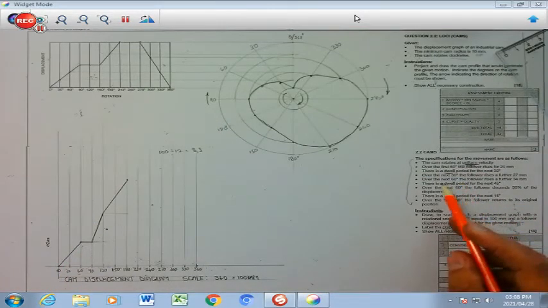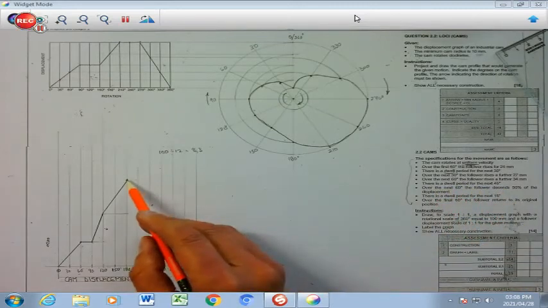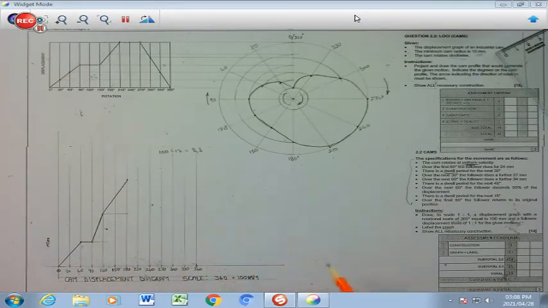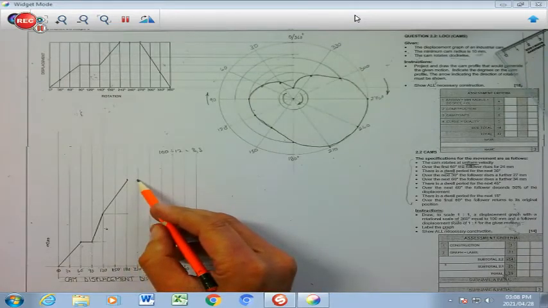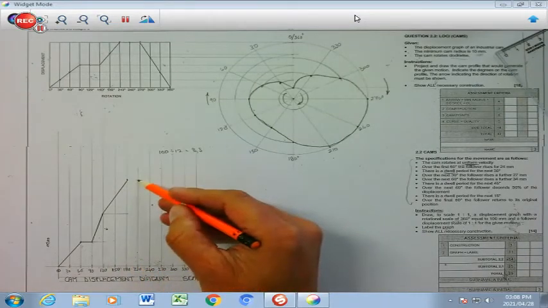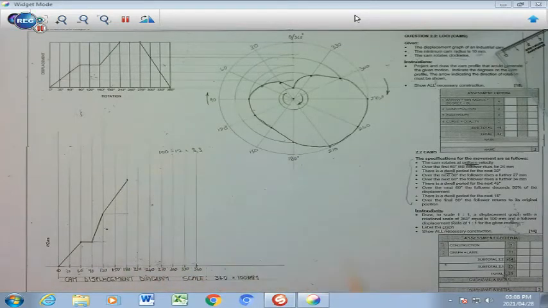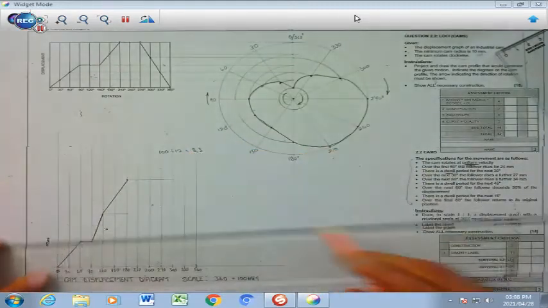I go to my next bulleted point. It says here clearly there is a dwell period for the next 45. So the dwell period means it just goes straight, there's no movement. But for 45, that means it's 30 up until 210, and half makes 45, which is 15. So what I'm going to do is draw a straight line like that.